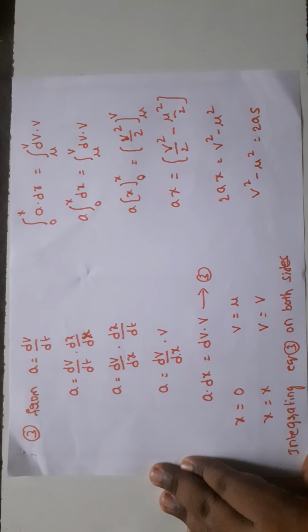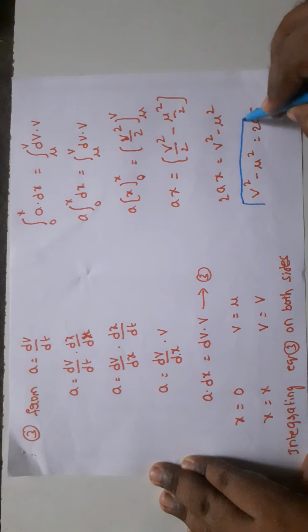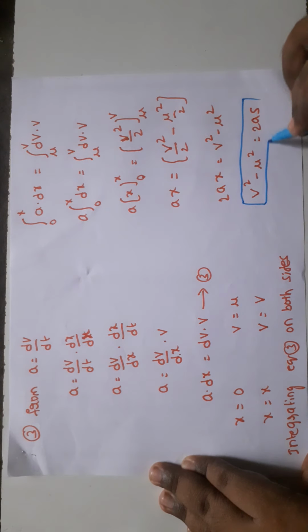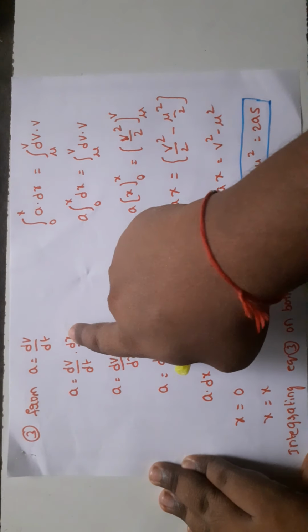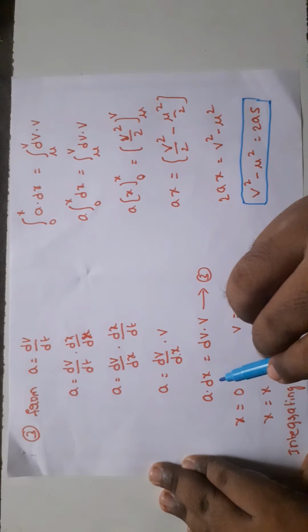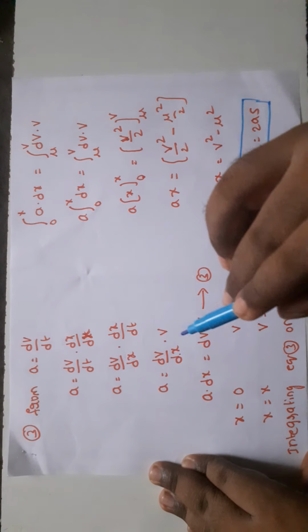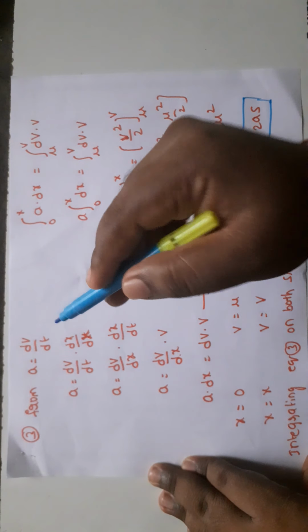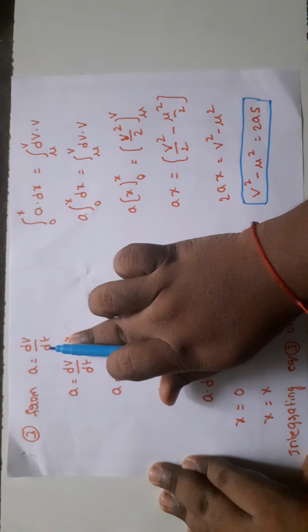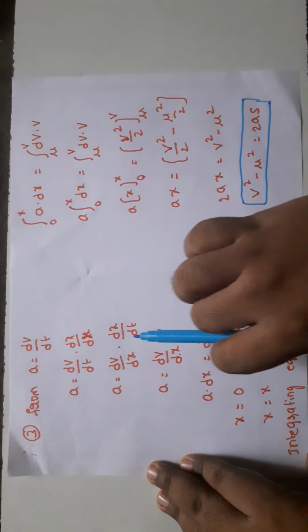This is the third equation of motion. Here displacement is denoted by the letter x. Multiplying and dividing with dx, the dx cancels, so the value of acceleration never changes: a equals dv by dt.